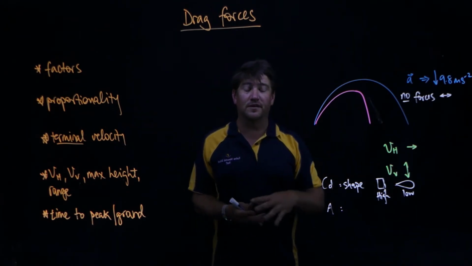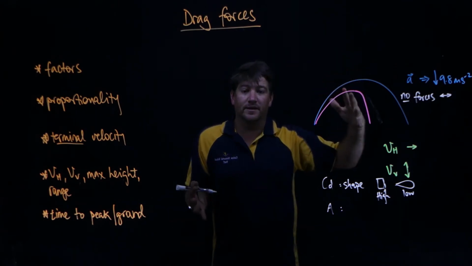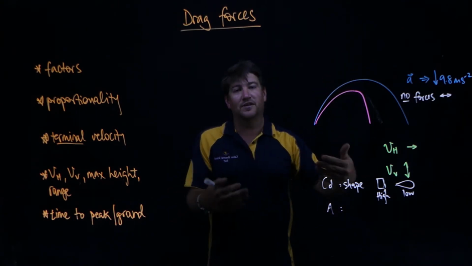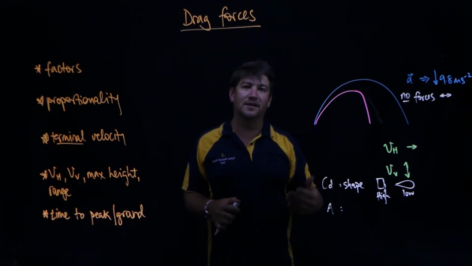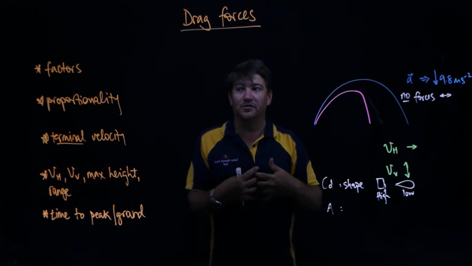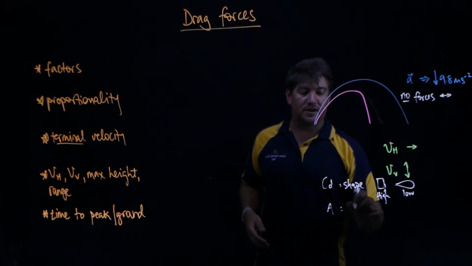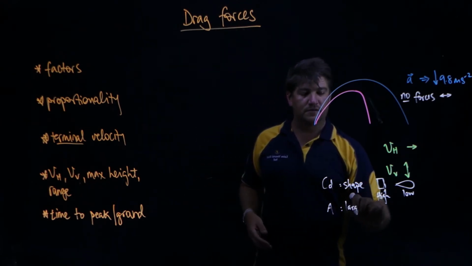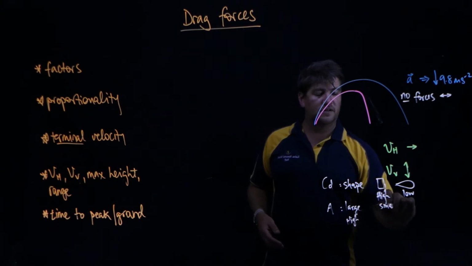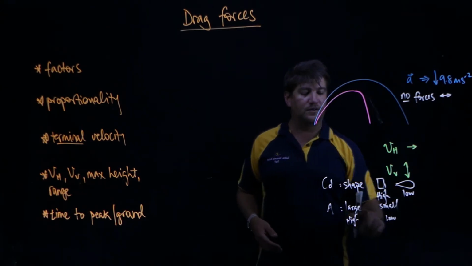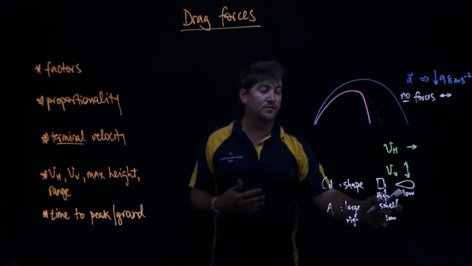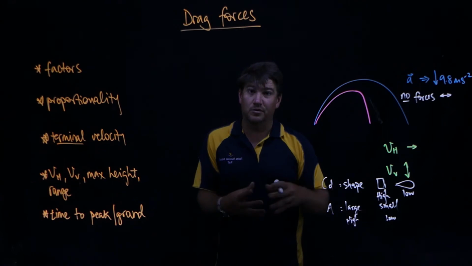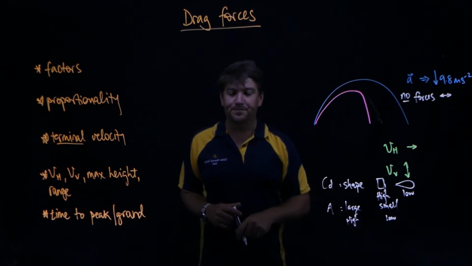With frontal surface area, something that's bigger is going to be caught in the wind more, it's going to have more wind particles applying little forces against it, so it's going to find it a lot more difficult to get through the air. So large is going to be high, and small is going to be low. If we have a large frontal surface area, we can have a high drag force. If we have a smaller object, low drag force.